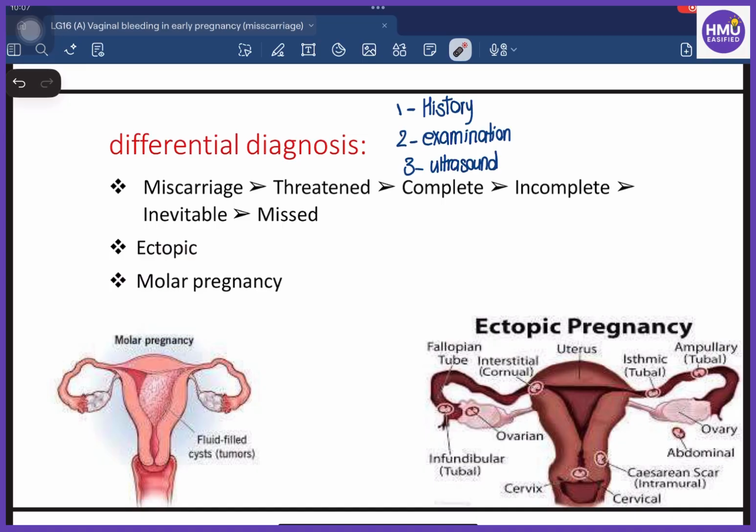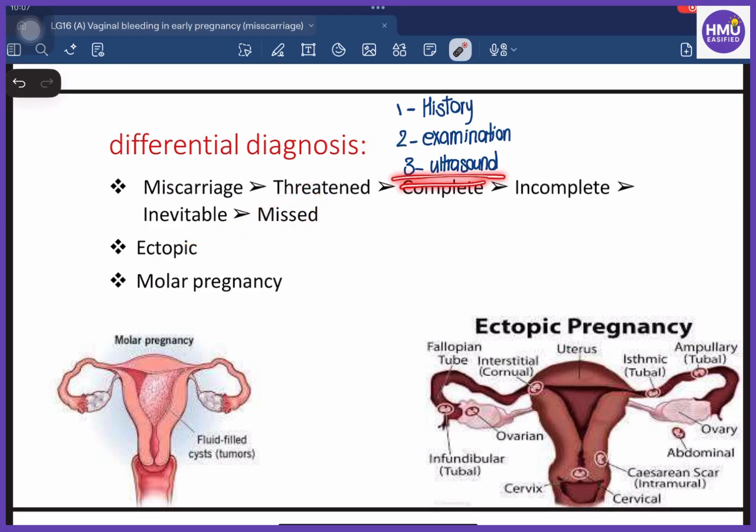On examination, they will have abdominal pain and tenderness because of peritoneal irritation, especially if there is rupture. And on speculum or digital examination, there will be cervical excitation, which is also suggestive of ectopic pregnancy.